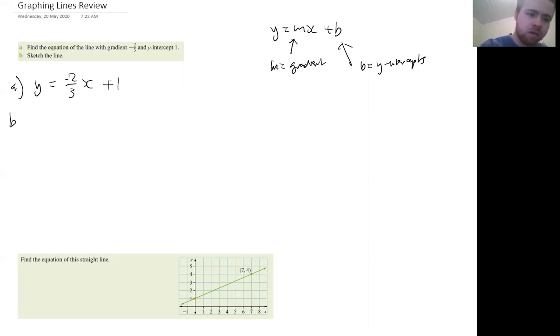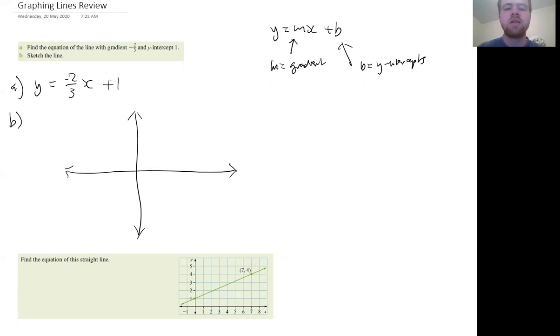Okay, part B, we're going to sketch this line. Now, when we sketch a line, okay, we can do it to scale, but also we can do it roughly and just show the key information we need so that that line is understood. So here's my y axis. Okay, the first thing I'm going to put is my y-intercept.